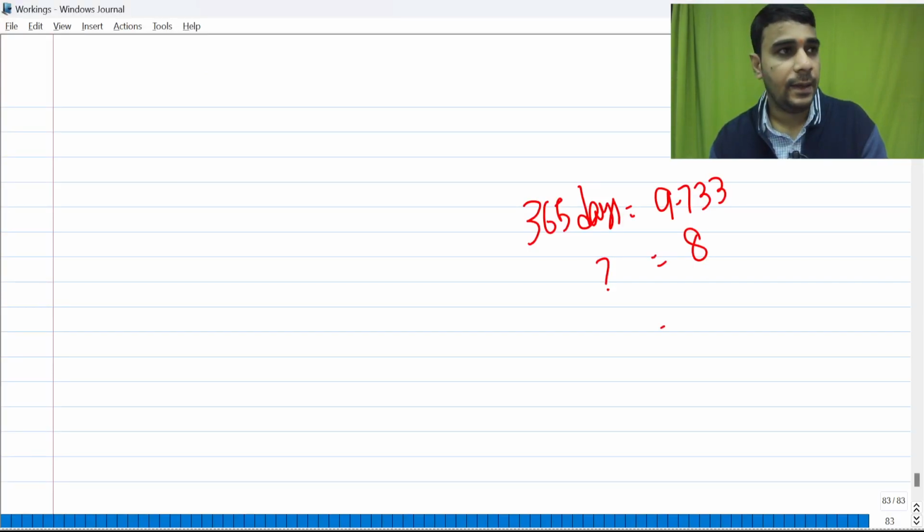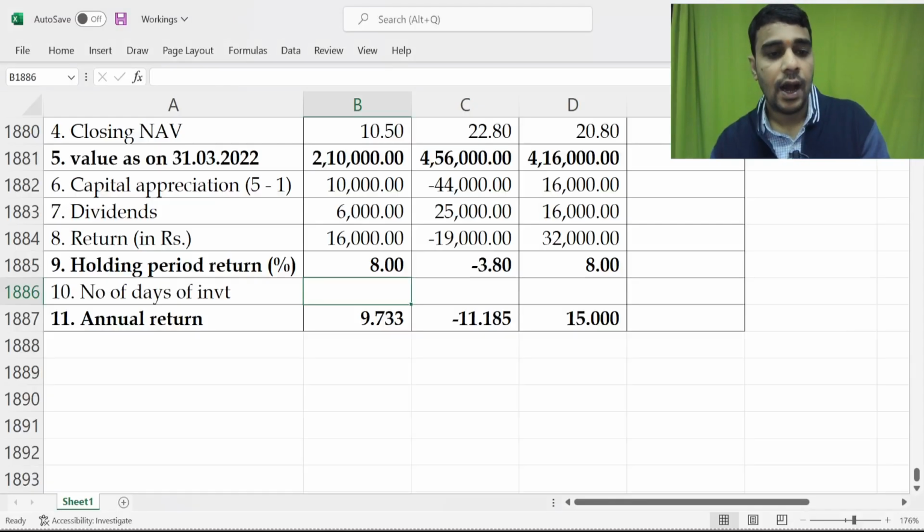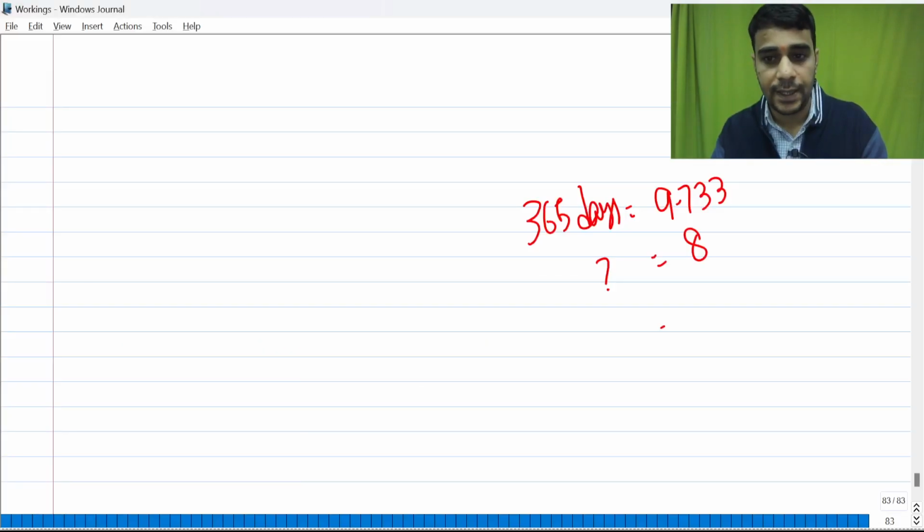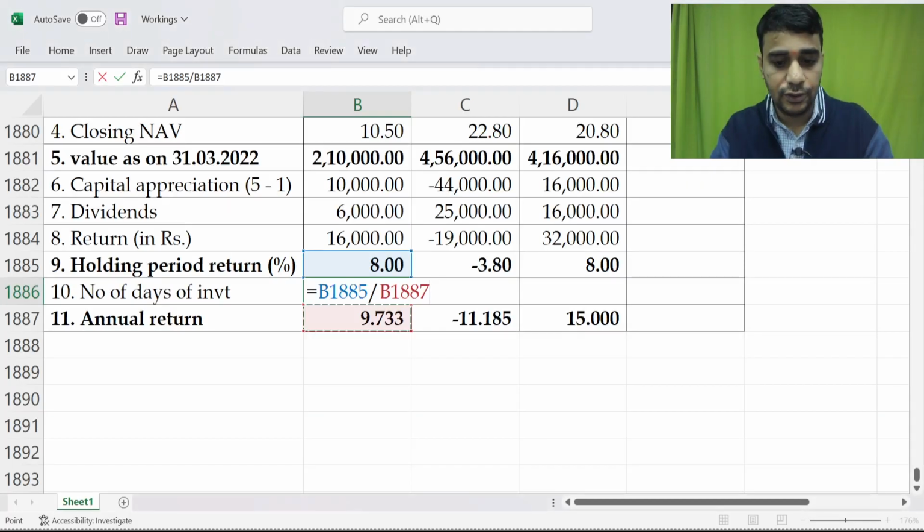365 days is equal to 9.733. Question mark is equal to 8. Our holding period return into 365 by number of days is 9.733. You reverse work and get to the number of days. So number of days is 8 divided by 9.733, cross multiplication, into 365 days.